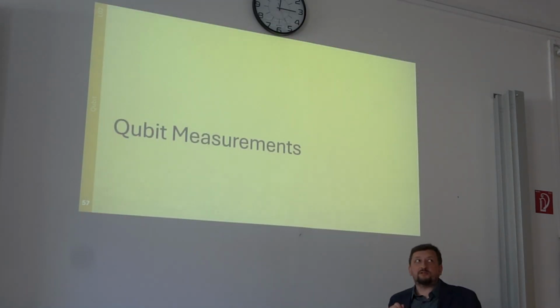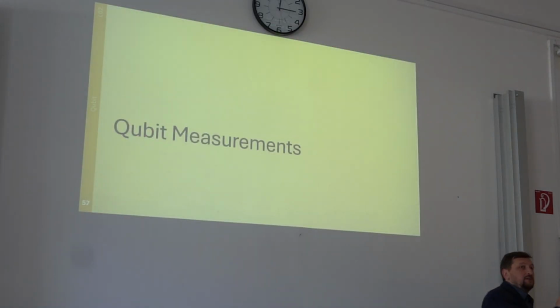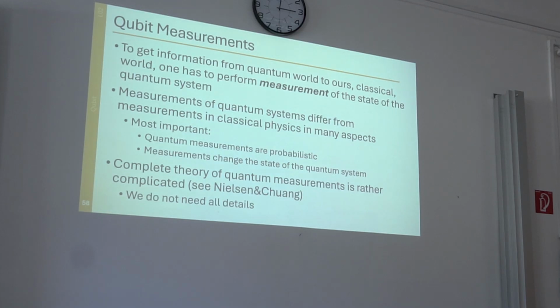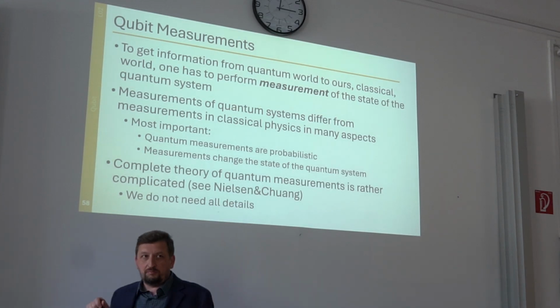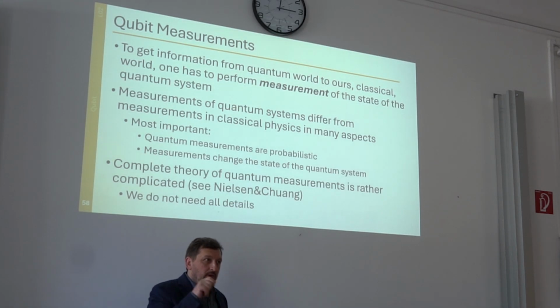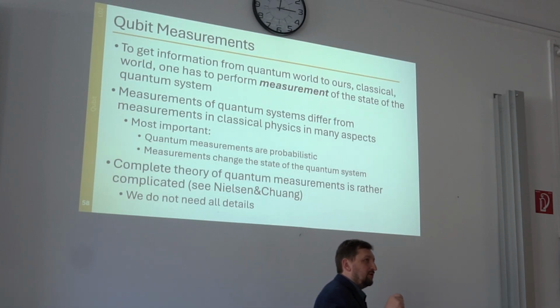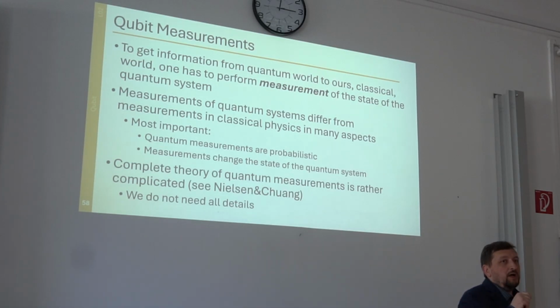Okay, the last topic for today's lecture is qubit measurement. If we want to get information from the quantum world to ours, we need to measure qubits, probably more than one. There is an important difference of quantum measurement compared to classical. The measurements are probabilistic.